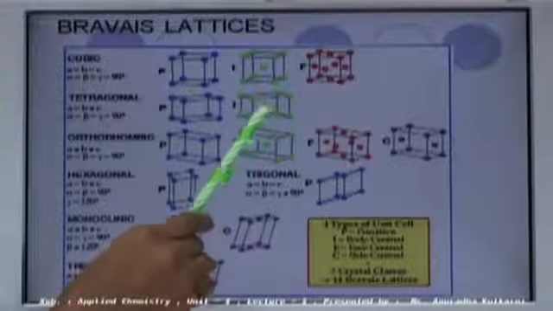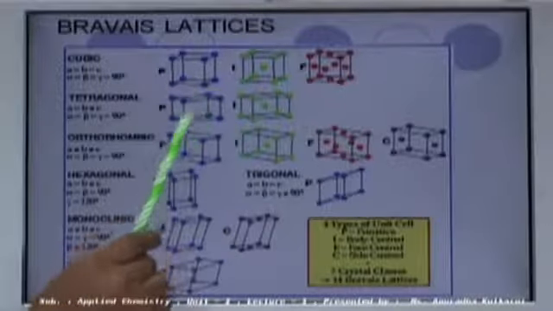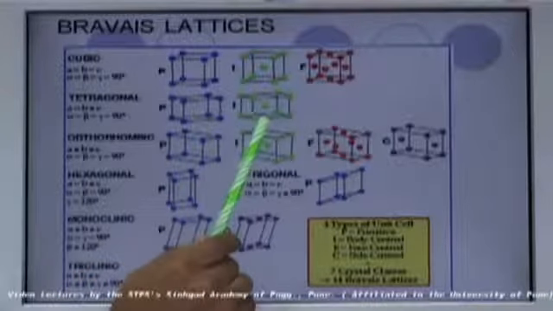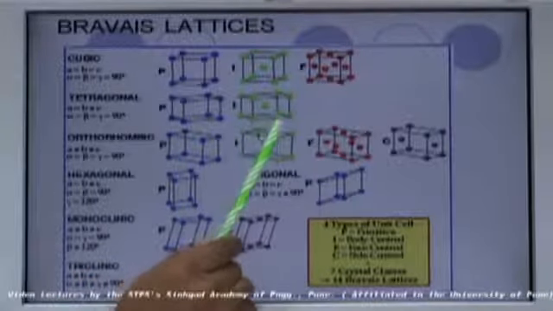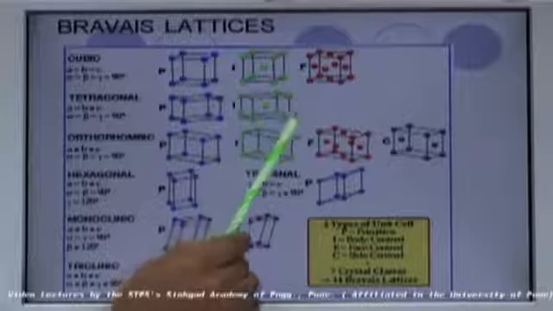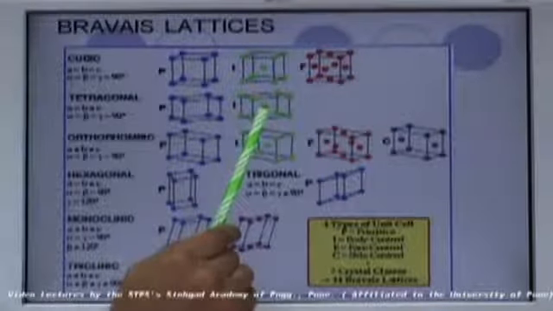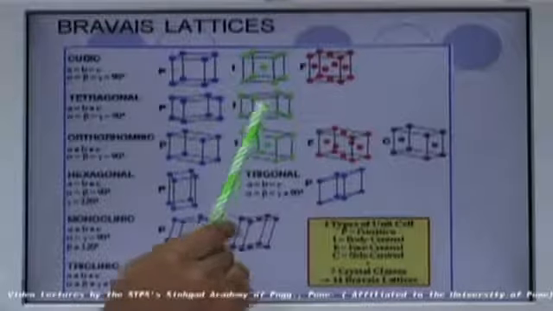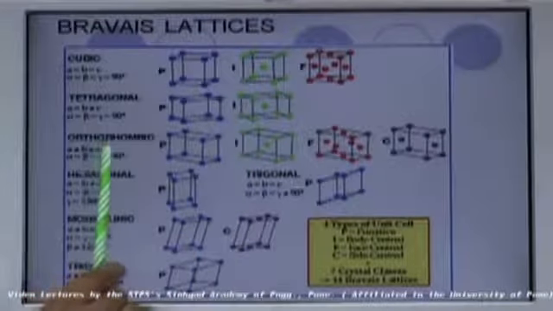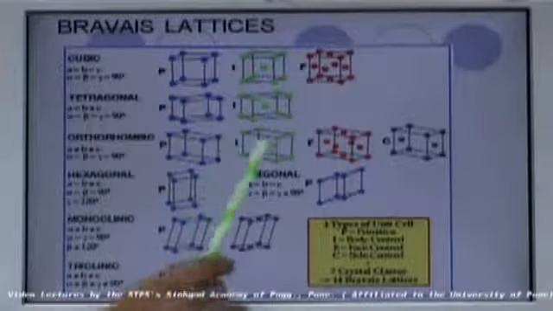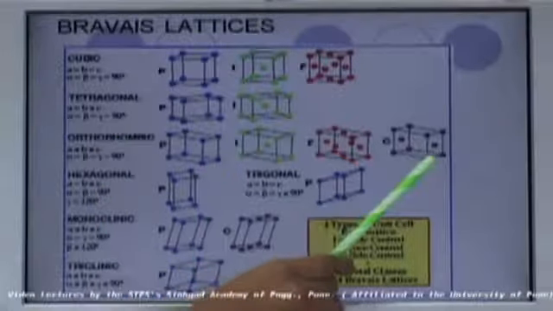Here you can observe the lattice points are situated at 8 corners in case of primitive. In case of body centered, lattice points are at 8 corners. In addition to that, one lattice point is at the center of this particular structure. Then orthorhombic. For orthorhombic crystal system, there are 4 types of unit cells.